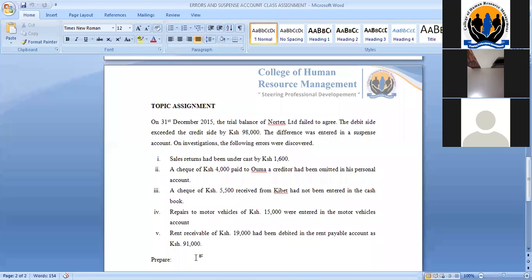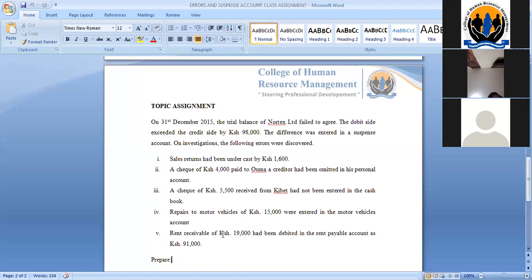Okay, you tried, it was a step, but by so doing, you will not have rectified the error. The error will not have been rectified. So what you need to do, first of all, rent receivable of 19,000 was supposed to be credited, because anytime we receive rent, anytime we receive discount, anytime we receive commission, those accounts are supposed to be credited.